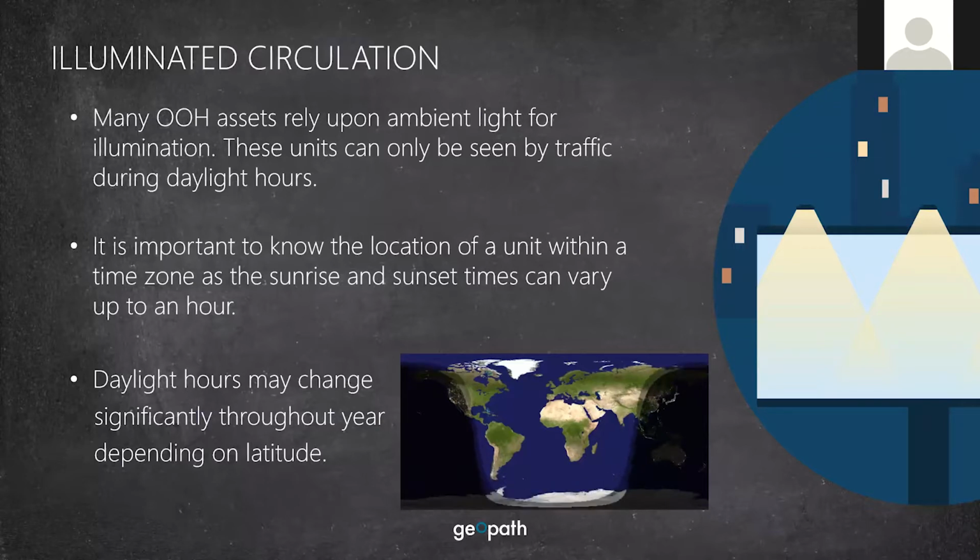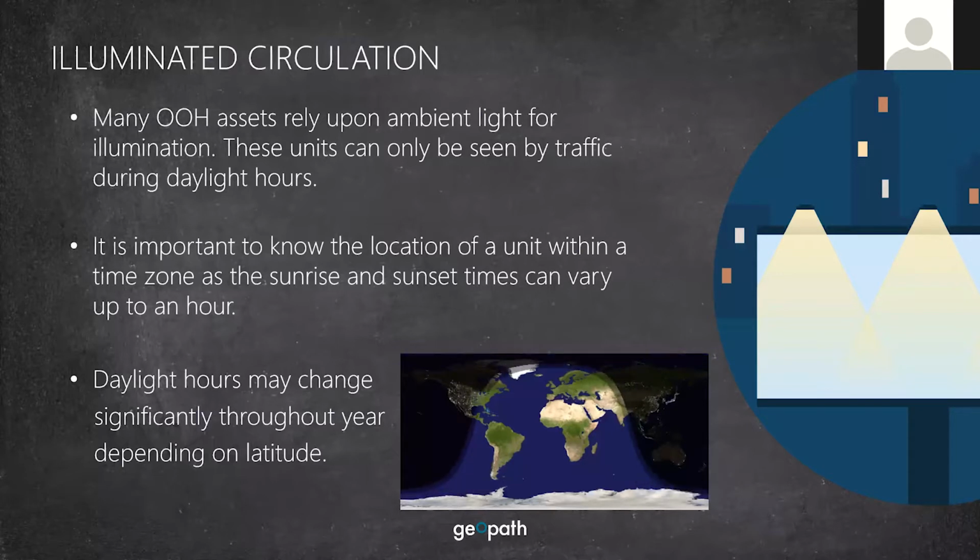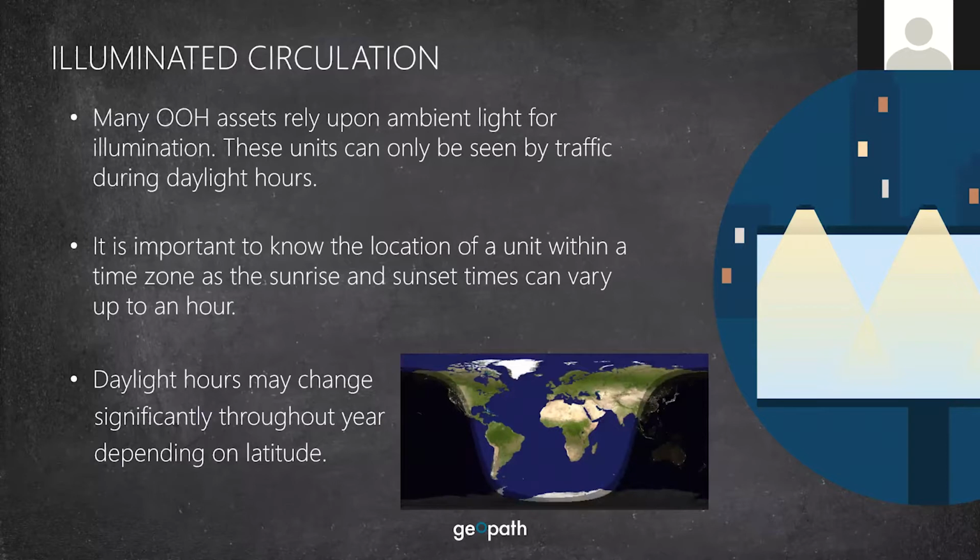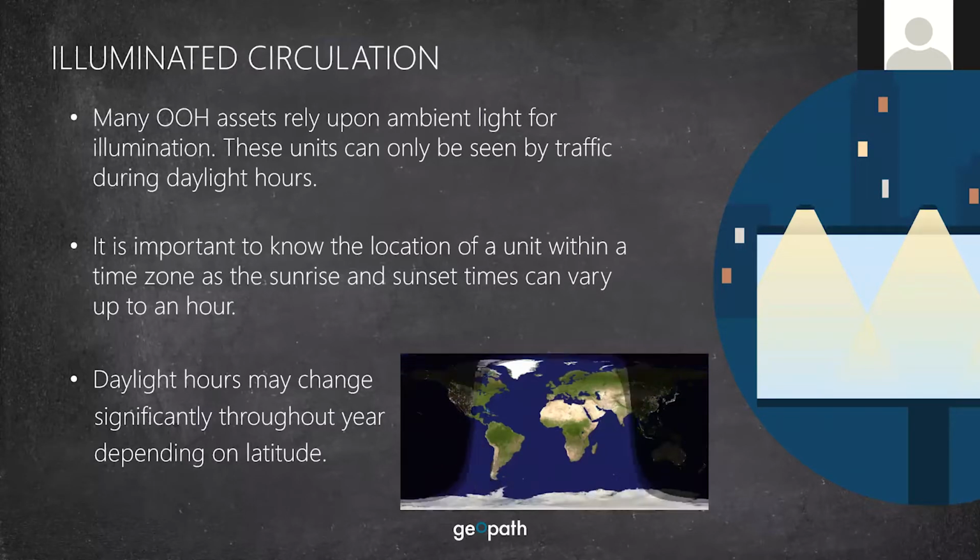Not only is your traffic going up, but the number of daylight hours goes from 12 on the equinox, which I believe is tomorrow, to maybe 15 hours of daylight during the summer months. So big swings there and some nice precision that we have.